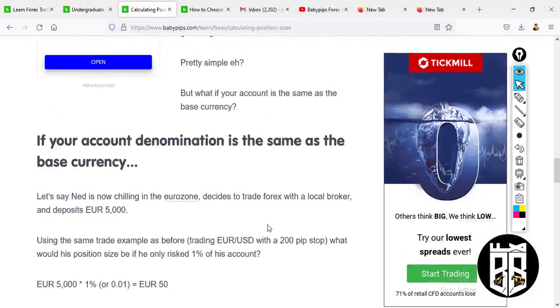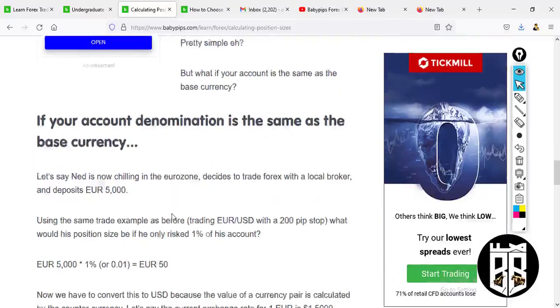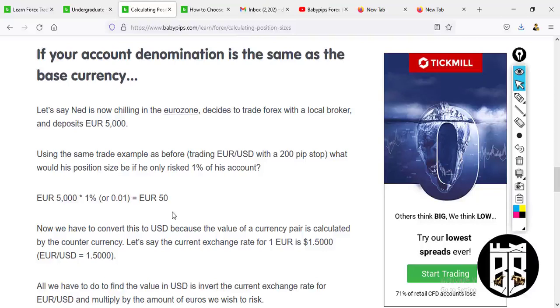Now what if your account denomination is the same as the base currency? So let's say he traveled from the United States and he's now in France. France uses the euro, right? Now he decided to pick a French broker and deposit 5,000 euros in his account.